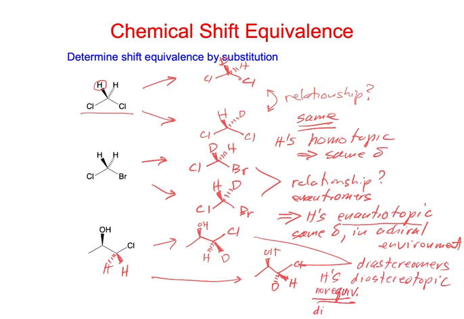Okay, different chemical shifts. But in all cases, they could have different chemical shifts, but those chemical shifts could be so close that we can't tell that they're different, right? It depends.